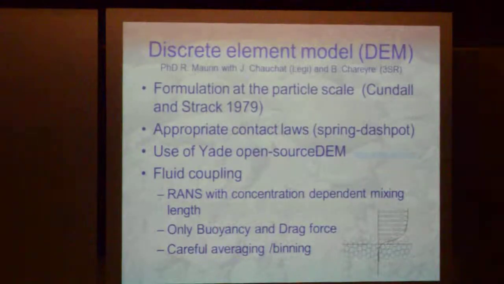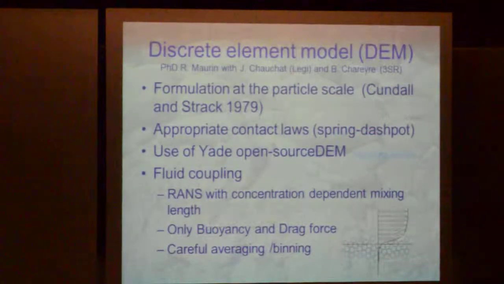Because we have these experiments at the particle scale, it's quite normal to try to model this with discrete element modeling. Basically, discrete element modeling is simple, in quotes of course, because you actually use very simple mechanistic laws, with appropriate contact laws. We use a simple law, the one which Kimberly presented, called spring-dashpot.